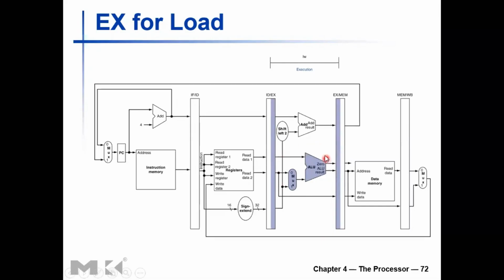In parallel to that, these two pieces of hardware are there: adder and shifting left of this immediate operand, which is needed by a branch instruction to compute the branch target. Those two also happen in parallel to the multiplexer and ALU. Shift left is a very small unit, if you remember.